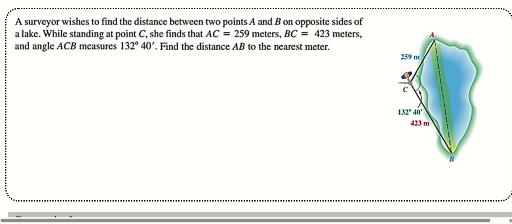Angle ACB, so remember that the angle would be the one in the middle. So it's angle C is 132 degrees and 40 minutes. And we want to find the distance to the nearest meter.